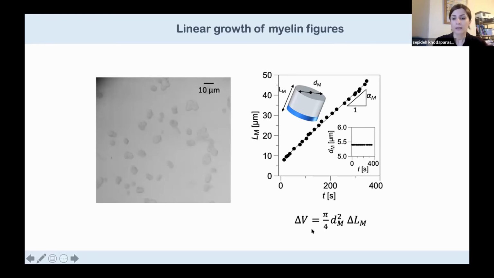So if we estimate the volume of the material being added to this myelin during growth, because the length is linearly growing with time and the diameter is constant, there should be a constant volumetric rate of material being added into the myelin continuously.